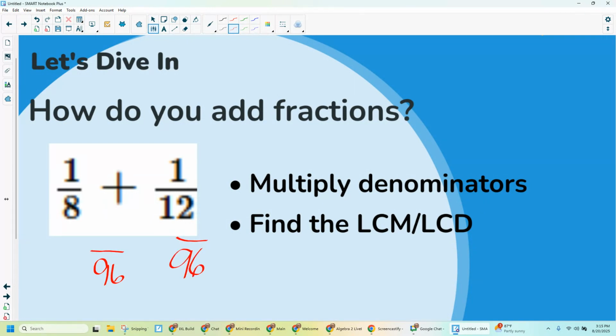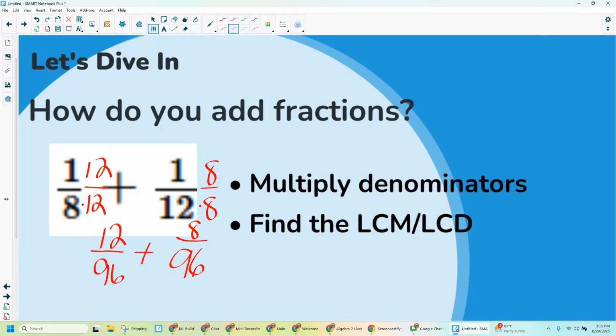What did I multiply 8 by to get 96? Well, I did 12 times 8, so I have to do the same to the numerator. So I would bring the numerator down to 12. How did I turn 12 into 96? Well, I multiplied that by 8, so I have to multiply the numerator by 8 as well.